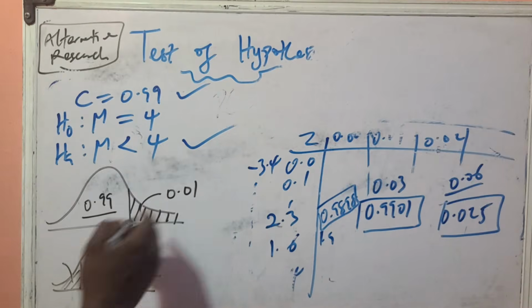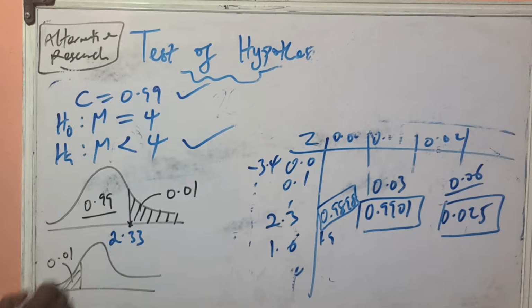So this is going to be the area of 0.01, whereas this is going to be 0.99. All right. You want to go on now to find the Z score. So you're going to be bringing out your negative Z table, and you're going to be looking for what produced 0.01.